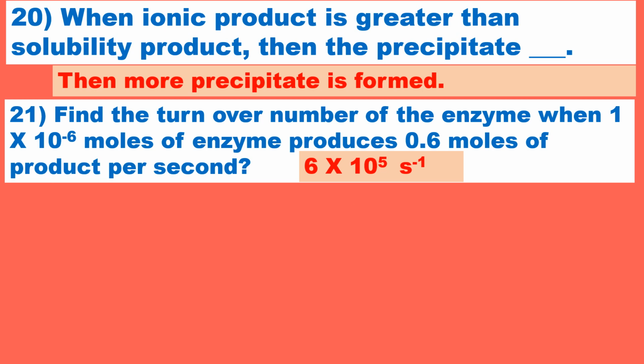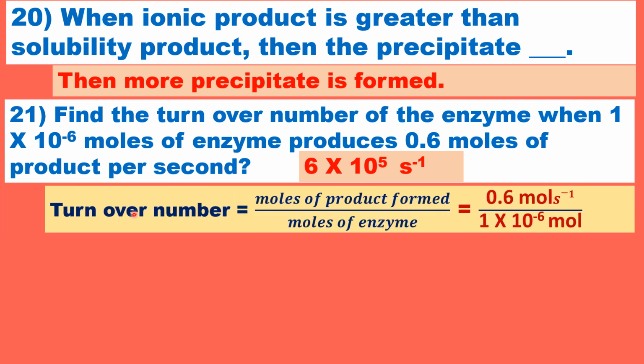Let us see how it is solved. Turnover number is defined as the ratio of moles of product formed per second divided by moles of enzyme. That is, how many moles of product are produced per 1 mole of the enzyme.